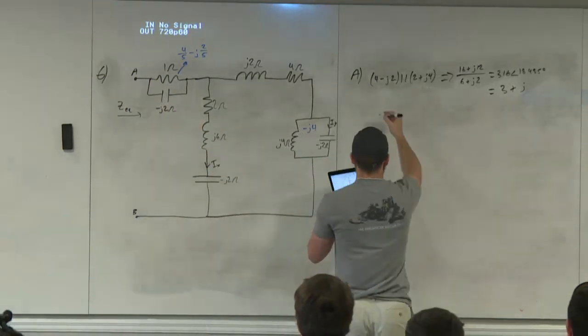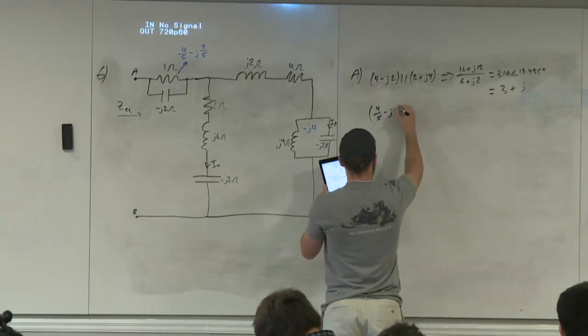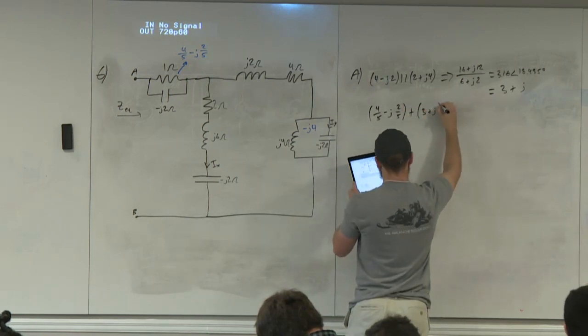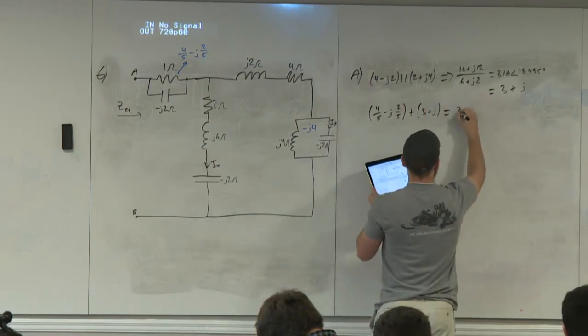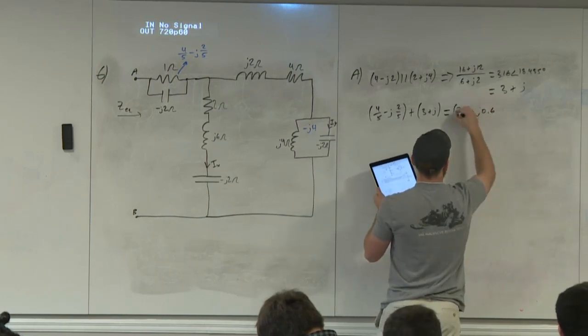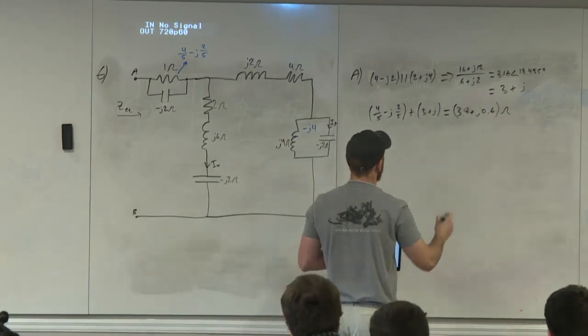So that ends up equaling 4/5 minus j 2/5 plus 3 plus j, and that gets you 3.8 plus j 0.6 ohms. So that's part A. Box it.